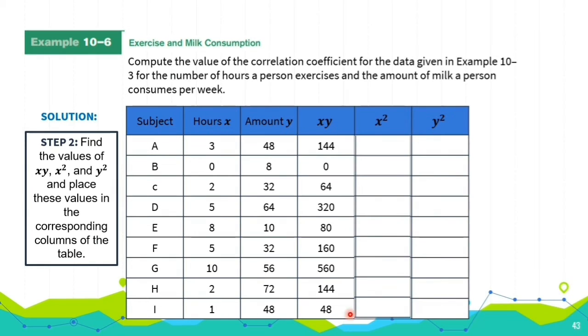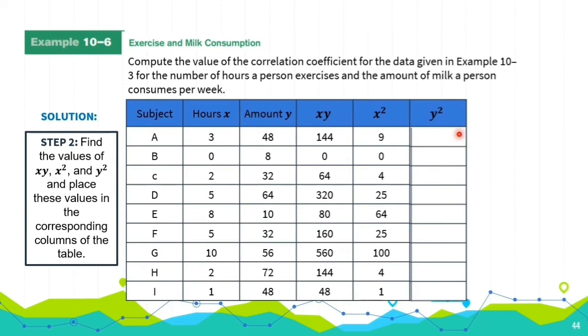Next, we have the x squared. So 3 squared is equal to 9, 0 squared is equal to 0, and so on. And for the last column, we have the y squared. So for y, which is the amount, 48 squared is equal to 2,304, and 8 squared is equal to 64, and so on.